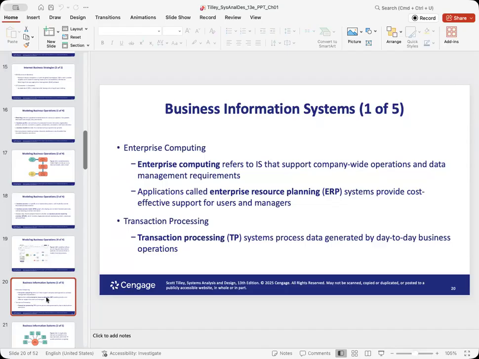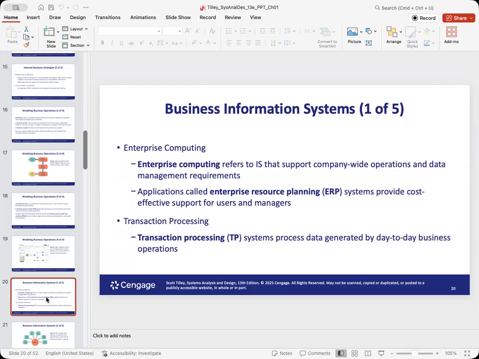They also have TP, transaction processing. Transaction processing systems process data generated by day-to-day business operations.